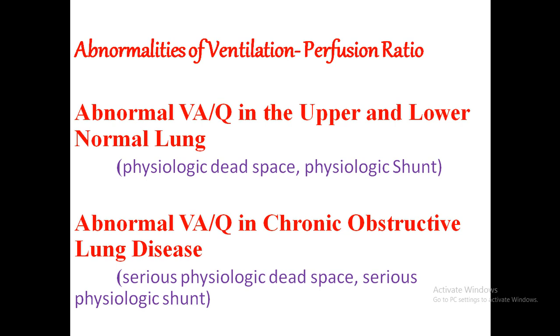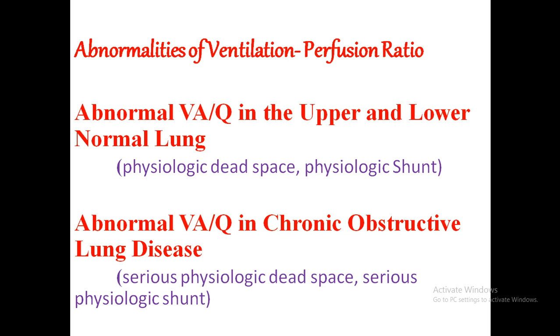As I have already told you, emphysema is a disease in which the alveolar size becomes much larger with the destruction of the alveolar walls in between. So emphysema in turn causes many of the alveolar walls to be destroyed, and these two conditions occur in smokers also, to cause abnormal ventilation perfusion ratio.